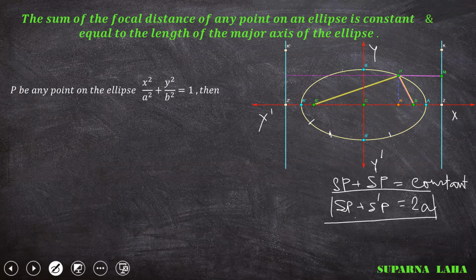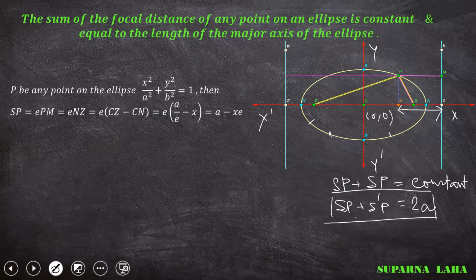Okay, and the center is at the origin, 0, 0. So the equation of the ellipse is x square by a square plus y square by b square equals 1. And we take P as any point on the ellipse. According to the definition, SP equals e into PM. PM is what? NZ, this distance.